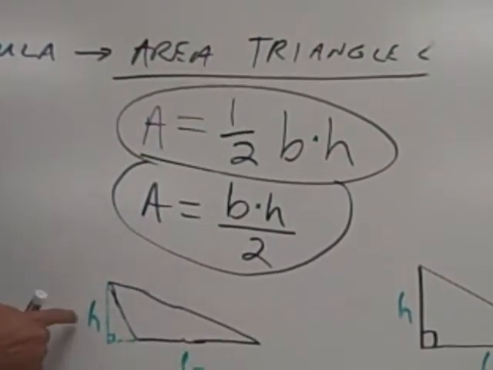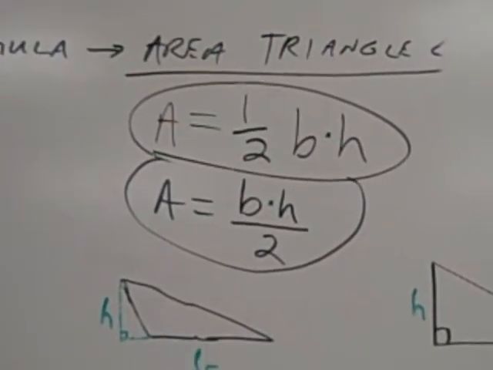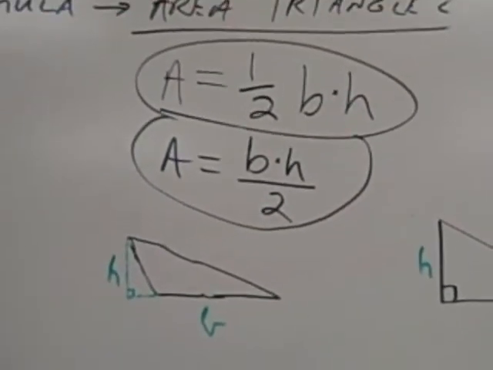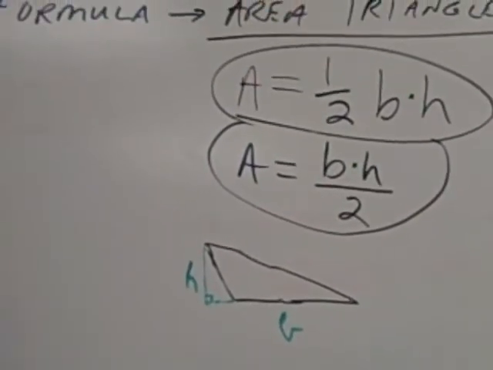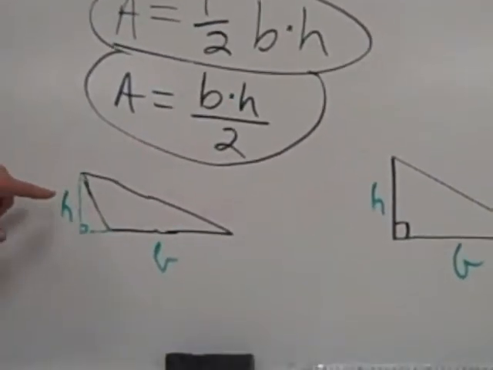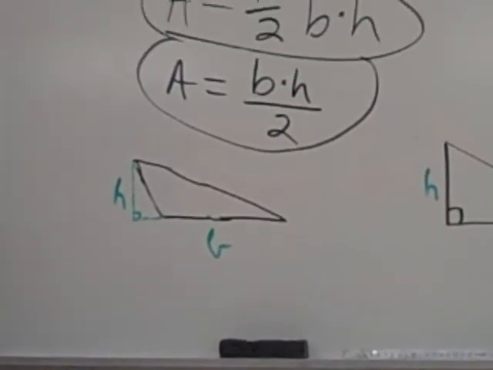They put the height as the straight up and down dotted line outside of it. It's still the height, okay? Am I all right with that? So do we know where the H and the B come from? We're going to look for these places on the triangle, the little H that they make.